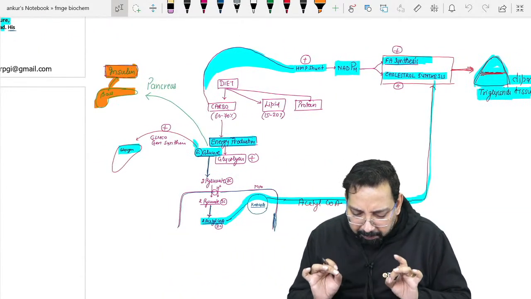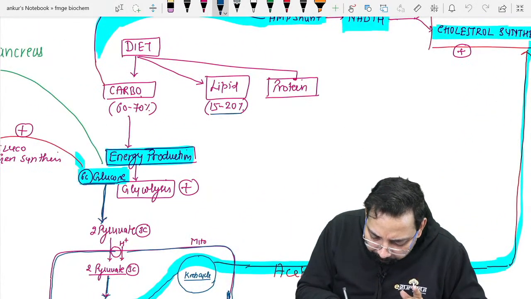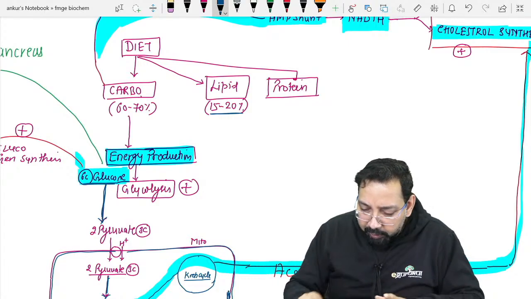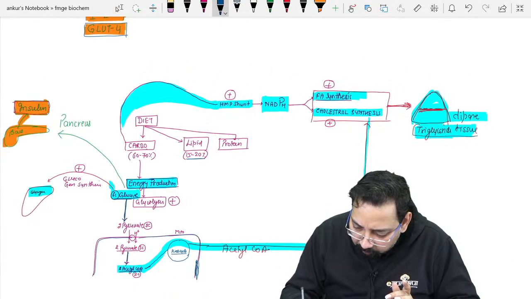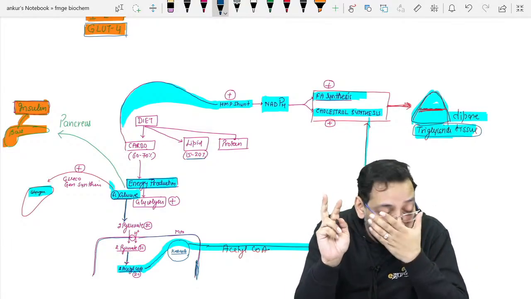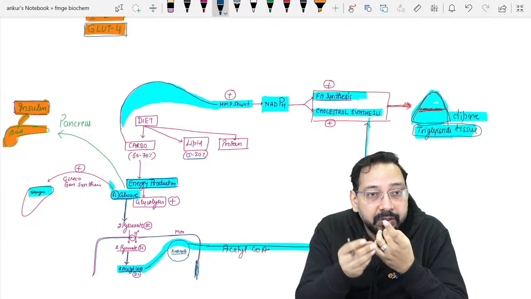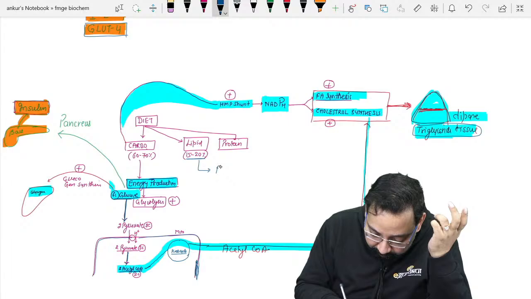Just for the time being, lipid comes from diet. Lipid is also synthesized in our body. Yes or no? Lipid has two sources. The lipid coming from diet is called exogenous.